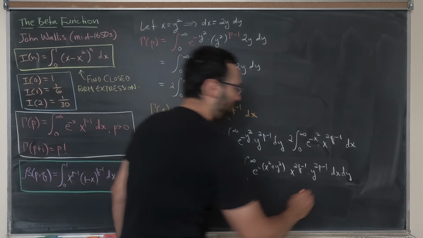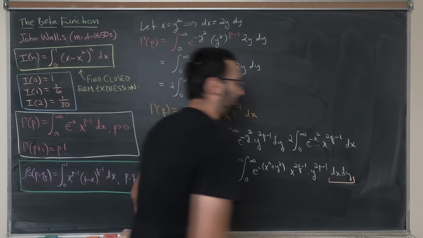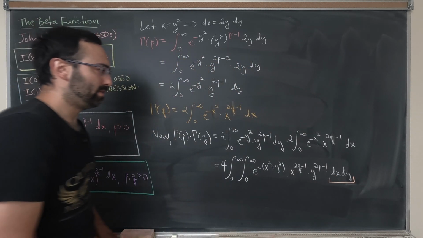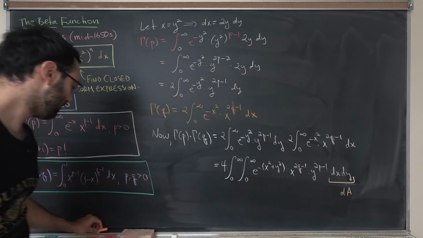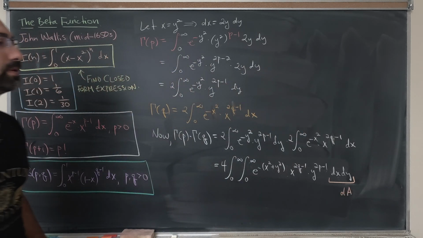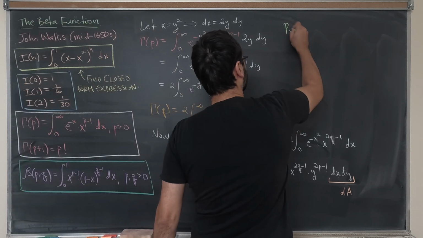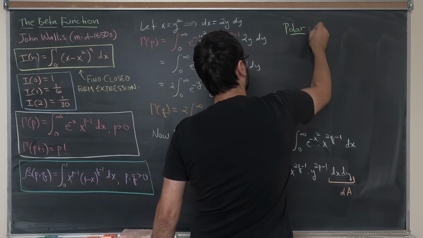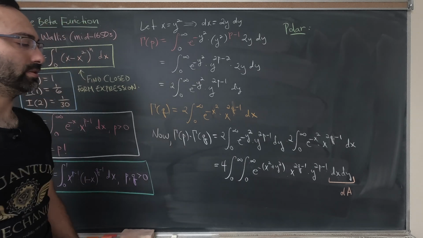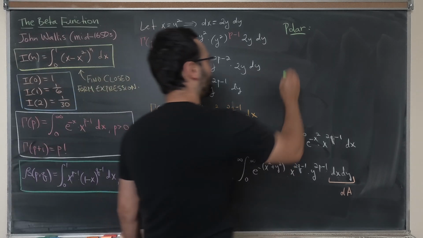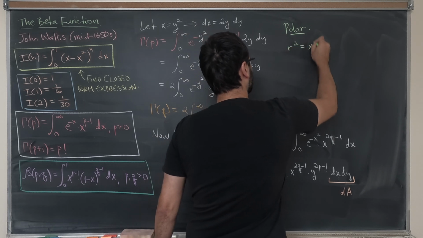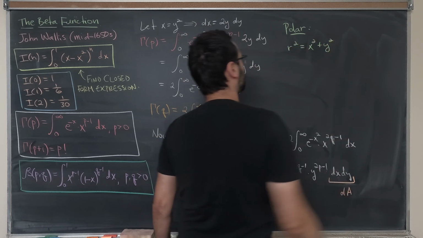This dx dy is just a little elemental area. We'll call that dA. And recall the following about polar coordinates as they relate to Cartesian coordinates. We have r squared equals x squared plus y squared.